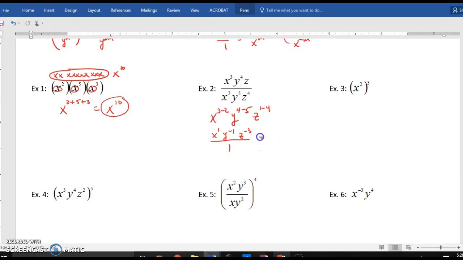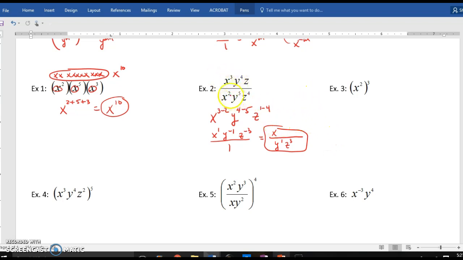Right now, all of these are in the numerator. So I have to say, if it is a positive exponent, it stays. Negative exponent, it's got to go to the denominator. So x stays up here. Y comes down and make that exponent positive. Z comes down, make that exponent positive. And you are done. Okay?